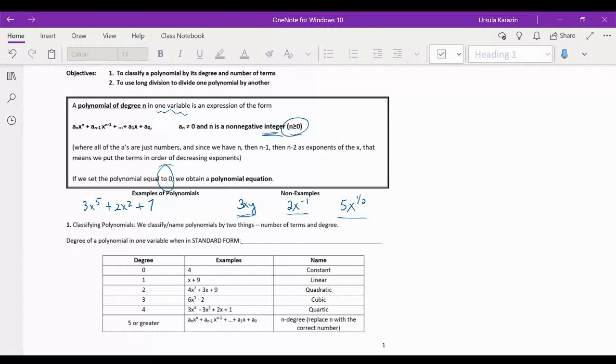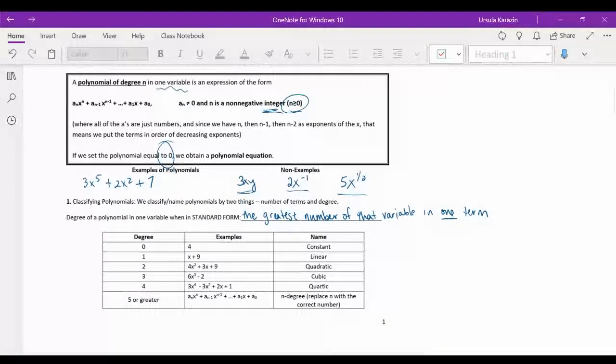So the degree of a polynomial in one variable when in standard form is the greatest number of that variable in one term. So I'm not talking about how many of those variables there are in the entire polynomial. I'm talking about one term.